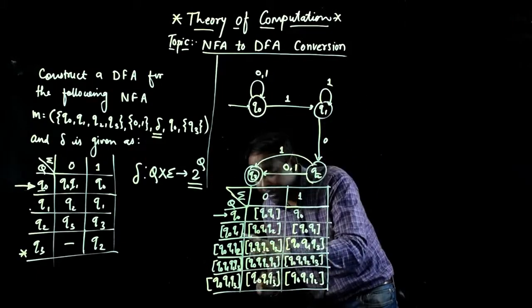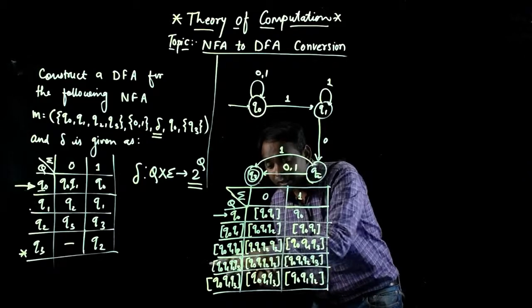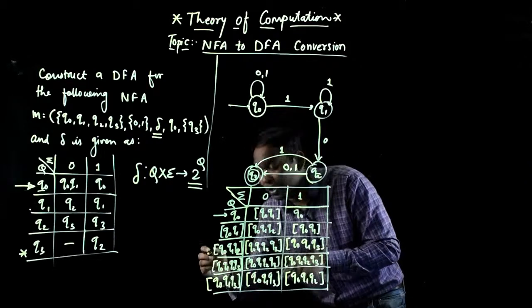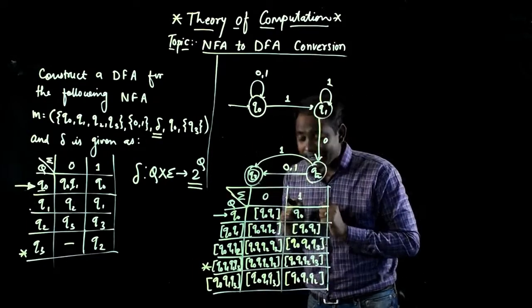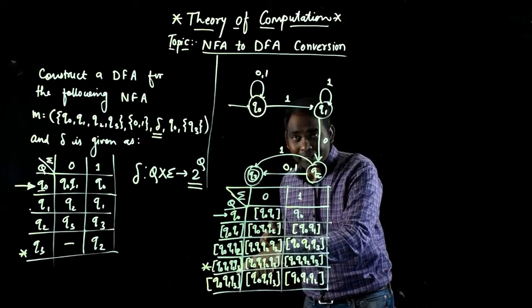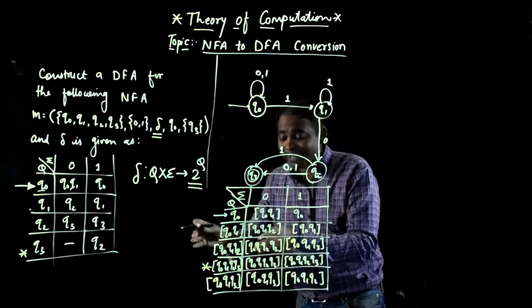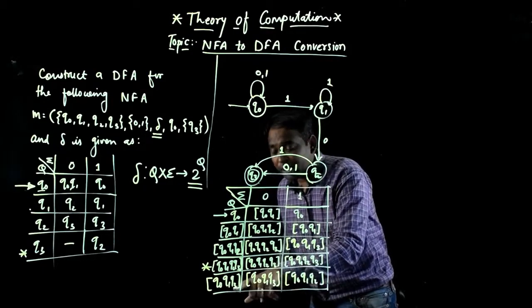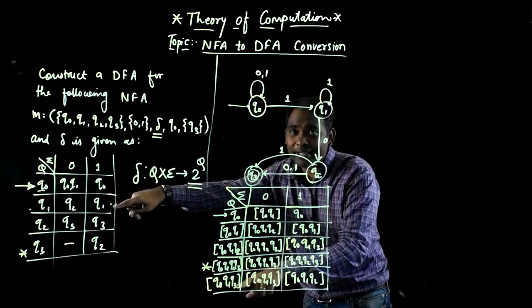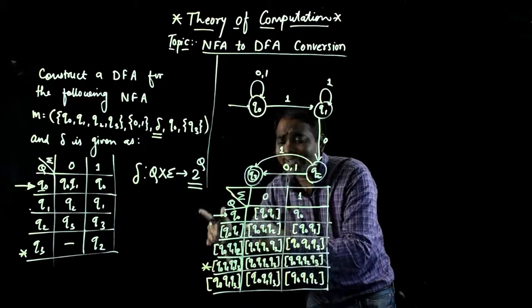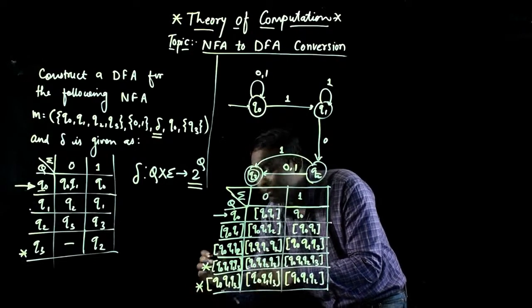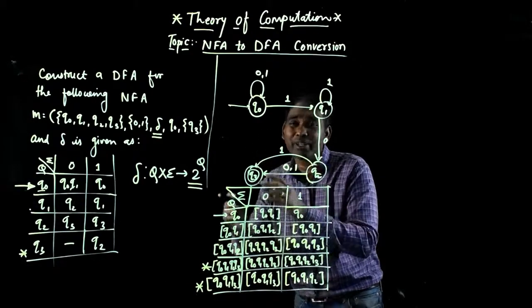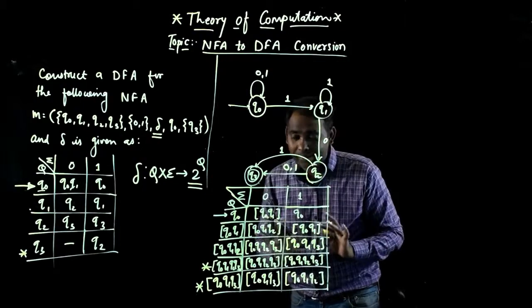Q3 is one of the members of this set of states, so the complete state acts as a final state. Wherever Q3 is there in this table, that state will act as my final state. So here I am going to get two final states in my DFA, right?